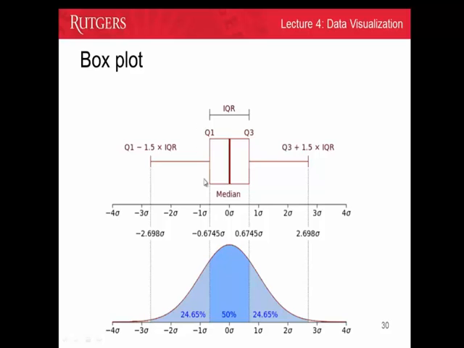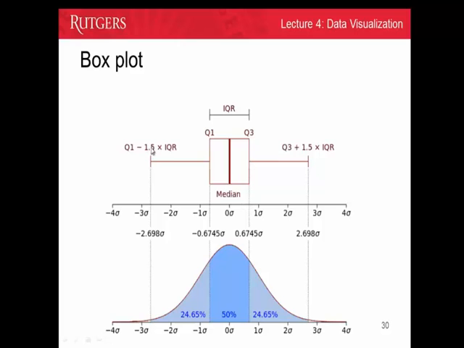The bottom and top of the box show the 25th and 75th percentile of the data distribution, while the band in the middle of the box shows the median of the data.